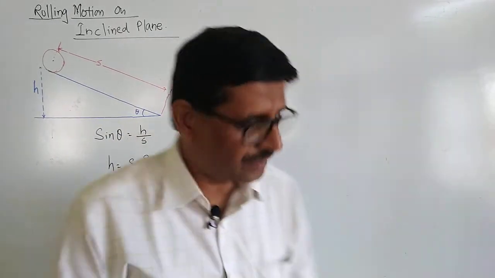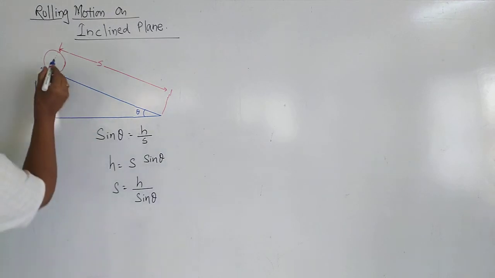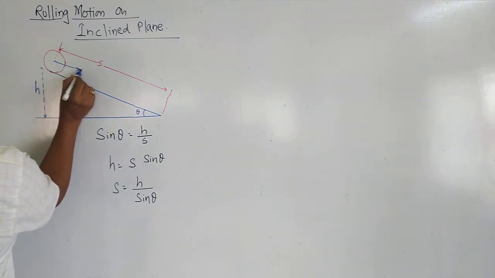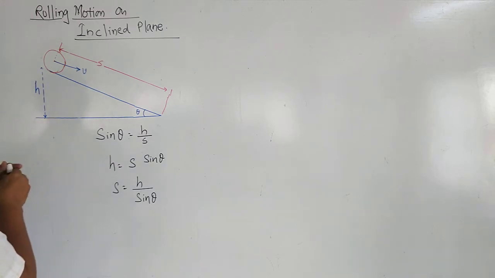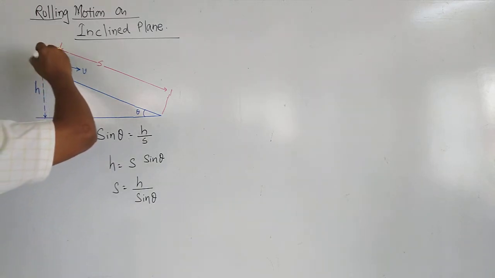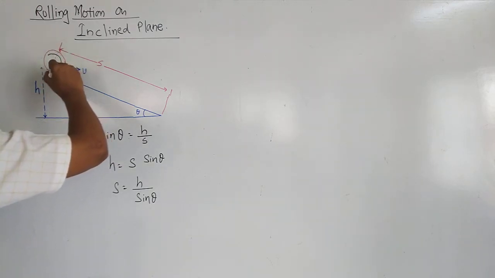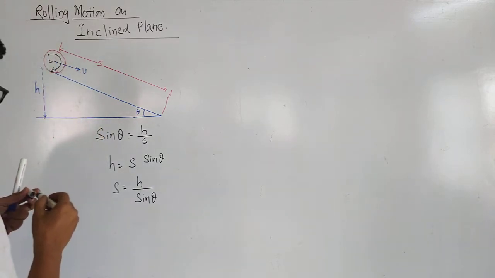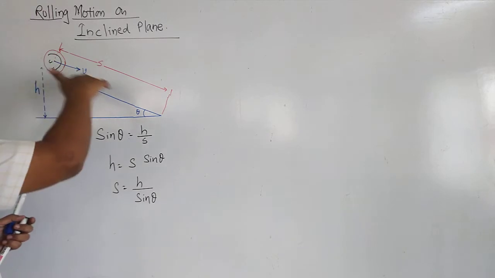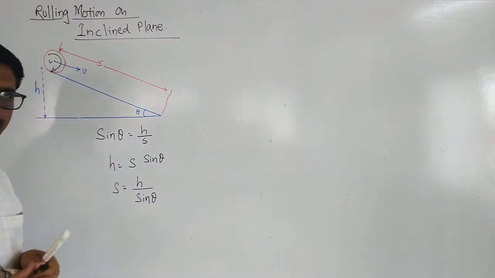Rolling means that its center of mass is moving with some velocity v, and the particles in the body are performing circular motion about the center. Both things are happening as the body rolls on the inclined plane.